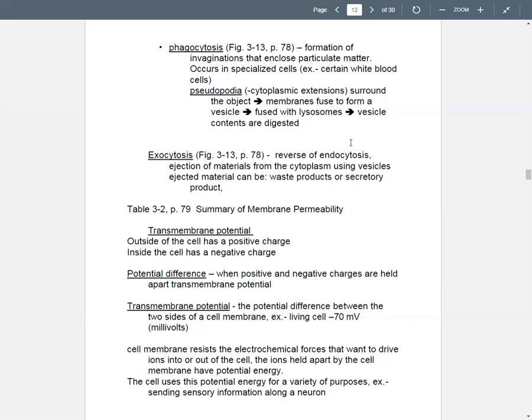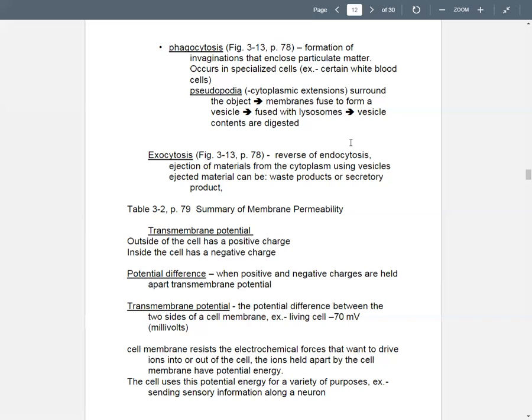Now, that vesicle will then meet up with the lysosome. We'll learn more about what that is. If you had lab this week or last week, you probably learned about lysosomes. But the lysosome will degrade what's inside that vesicle. So that's endocytosis, bringing things in.